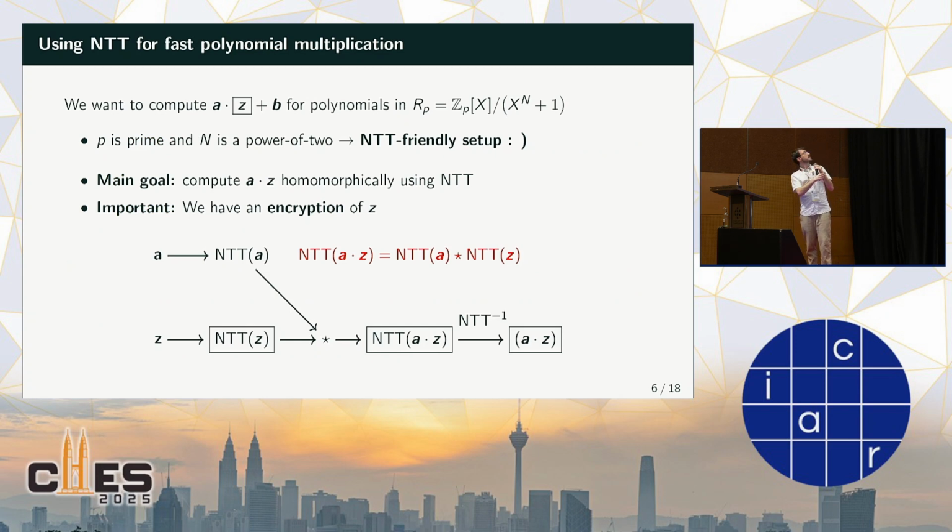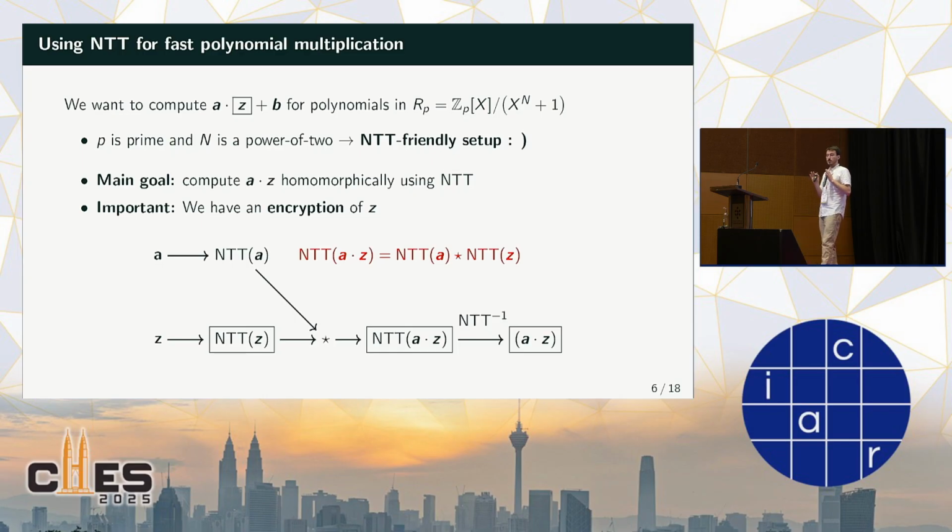So to use the NTT for fast multiplication of these polynomials while doing the amortized bootstrapping, notice that you're working with a prime p and n is a power of 2, so you are in an NTT-friendly setup if you're smart when choosing p and n.